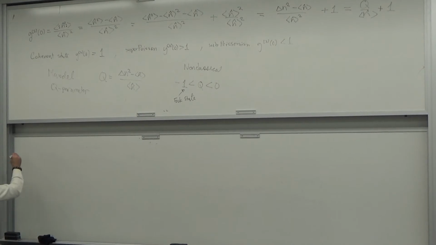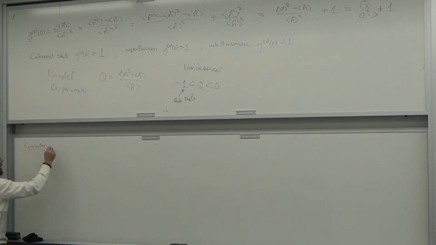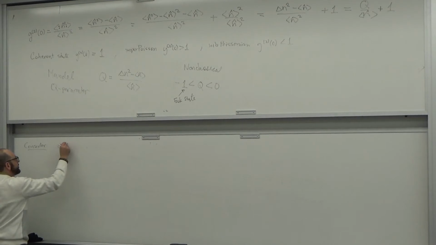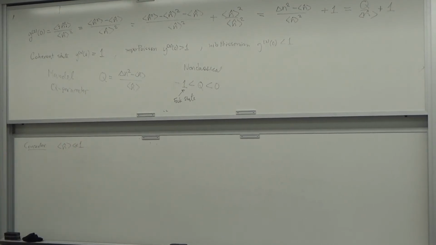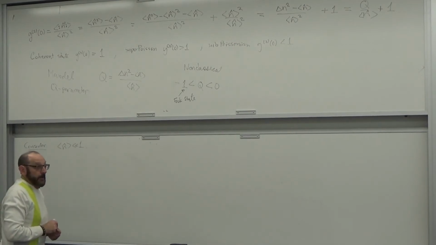Let's consider a case where the mean number of photons is very small. Okay, so let's have a highly attenuated source. Right.